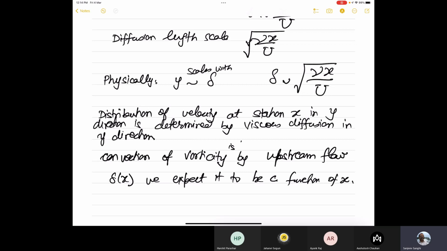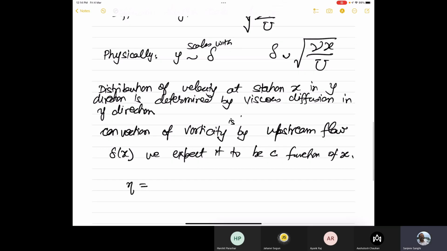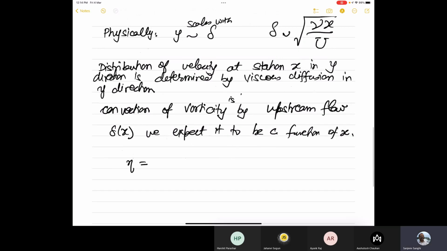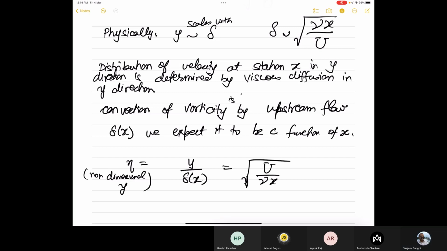So delta of x, we expect it to be a function of x. What we do is define a variable eta, which is non-dimensional y. We write it as y divided by delta of x, and based on the order of magnitude for delta, this becomes eta equal to capital U by nu x, all under root, times y.